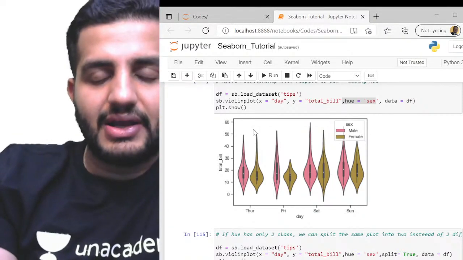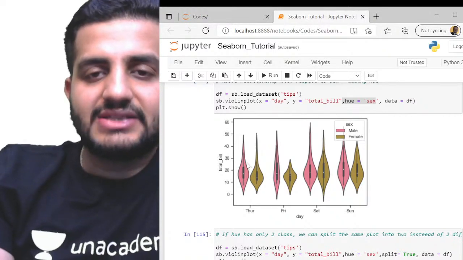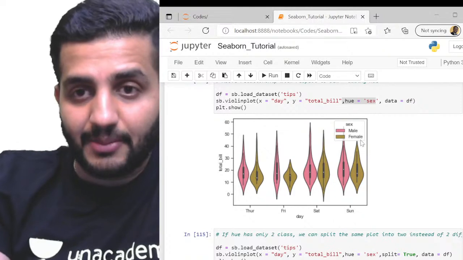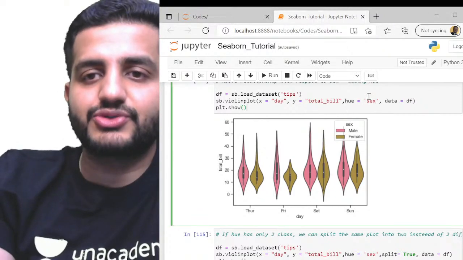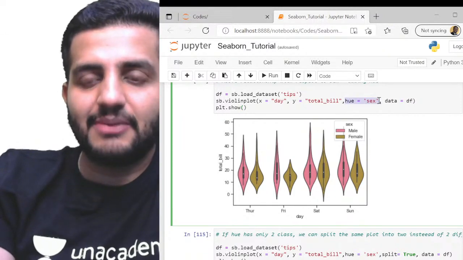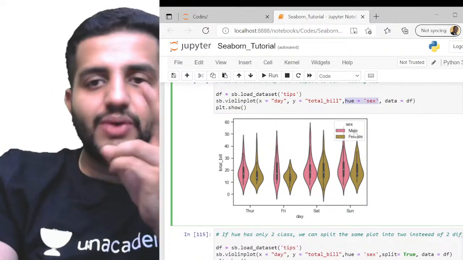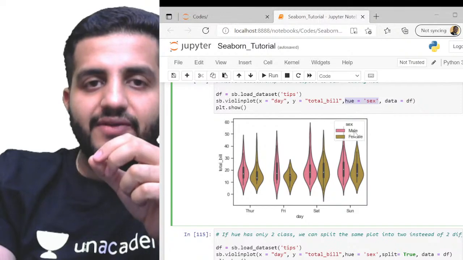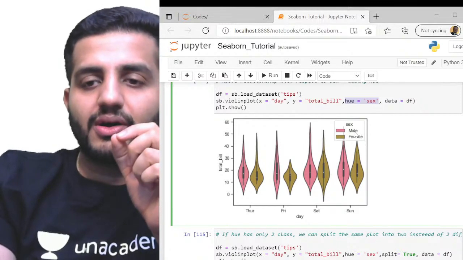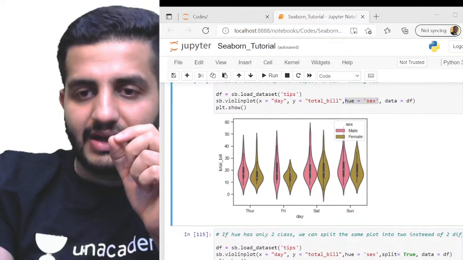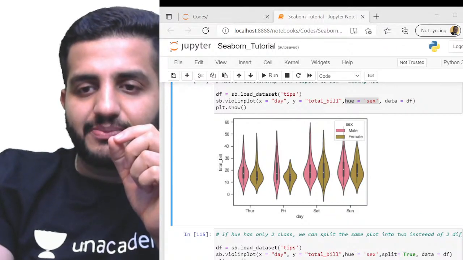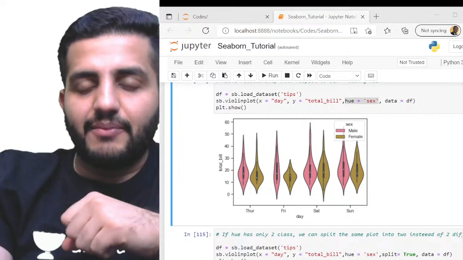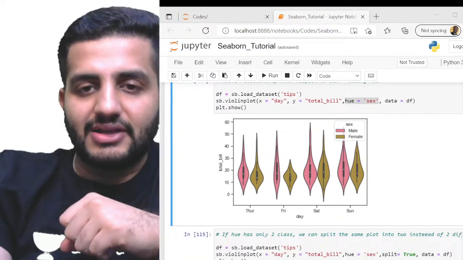So now, can you see this? In the violin plot itself, instead of having two different individual graphs, if the number of categories in hue is 2, I mentioned sex, right? So basically male and female. So I have only two categories here, male and female, right? So if I have such leverage of having only two individual levels, for this specific case what we can do is combine these two graphs.